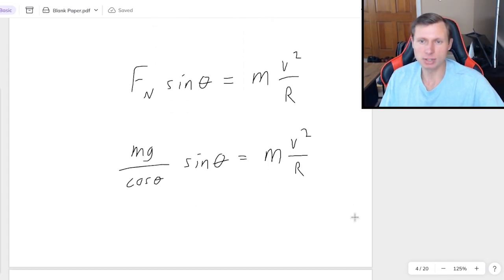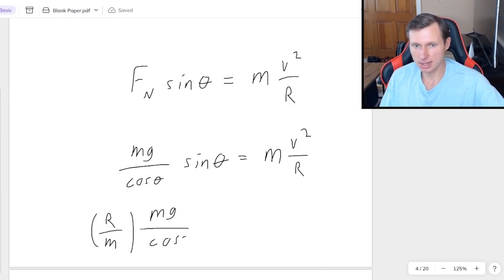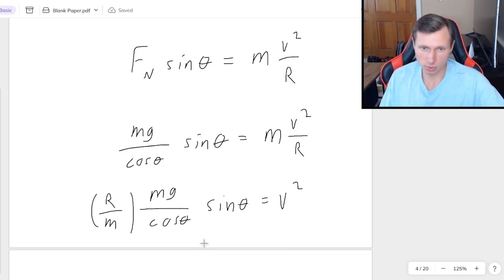And now I just have to do some algebra to solve for my velocity v. So that means I'm multiplying both sides by r and dividing both sides by m. So it's going to look like this: r over m times mg over cosine theta times sine theta equals v squared.